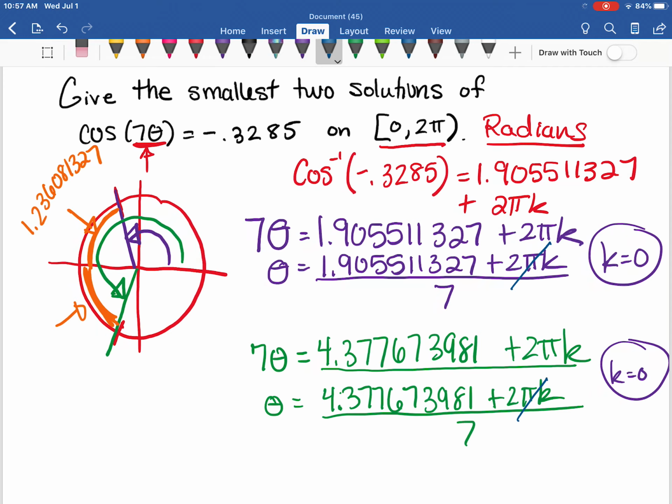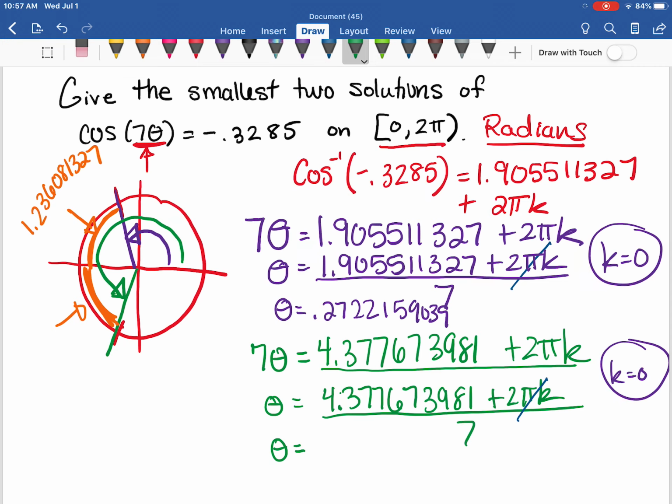And I just need to take 1.905511327 and divide by 7. That's going to give me that my purple angle is going to be 0.2722159039.